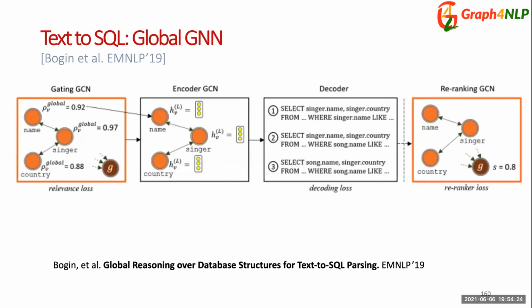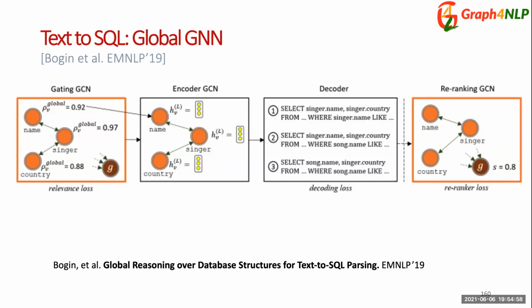One thing you may notice when I talk about this particular work is that it only considers local information. It does not really consider global information. In a follow-up work from the authors, they propose something called a global GNN, which shows that we want to make decisions about the schema items not only based on the previously decoded ones, but also by looking at the global context of the query as well as the database.